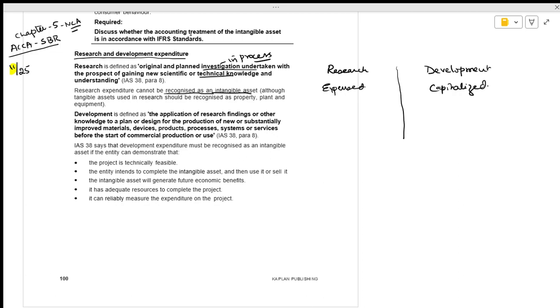What is the development? See the thing. This is the basic difference between the research and the development.